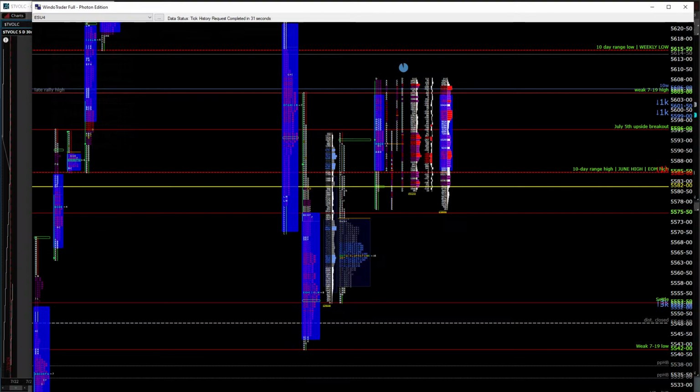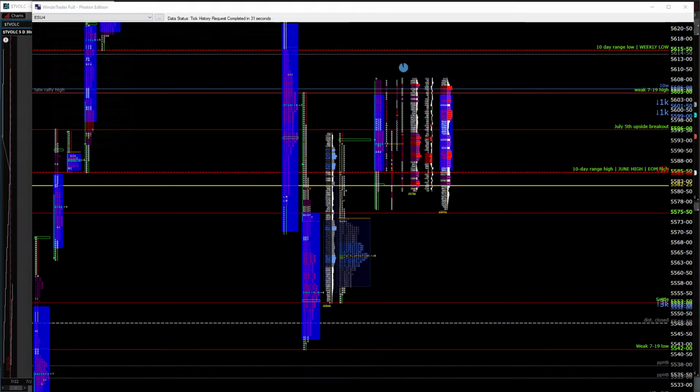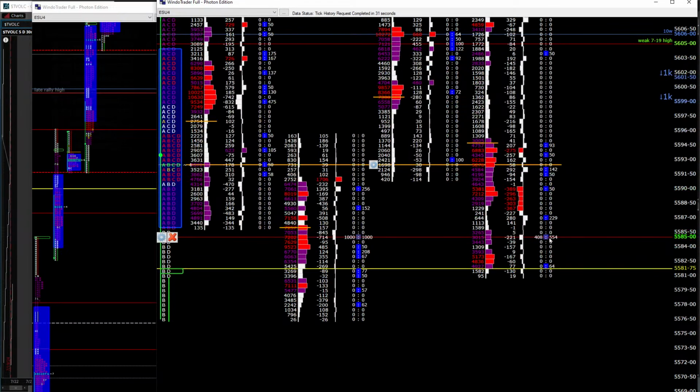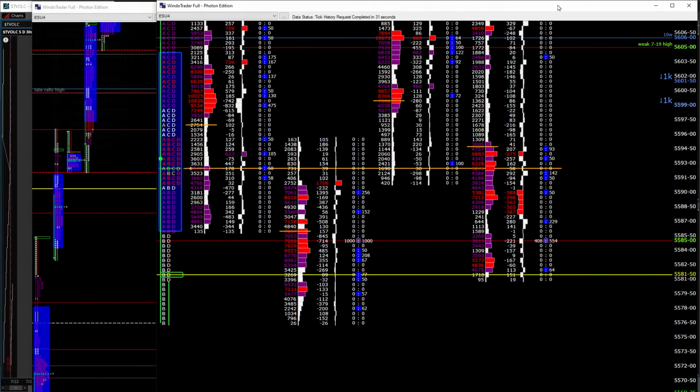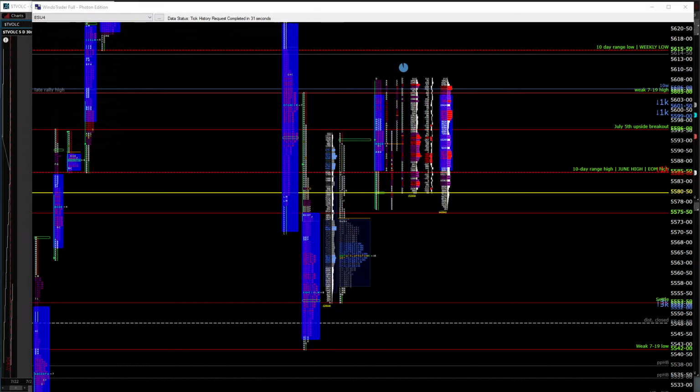Now we have something here. Now check this out. Check this level here. And this is support being built here. I mean resistance being built here. Is this one here.